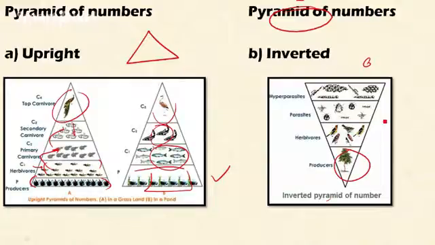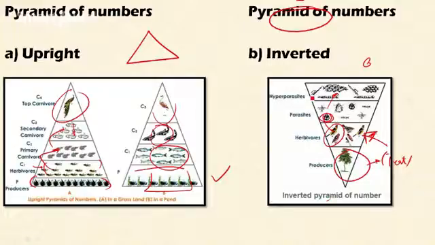For example, a single tree can support a lot of birds, which in turn harbor a lot of parasites, and each bird can harbor 20 to 30, even more than 50 parasites. And each parasite will harbor a number of hyperparasites, which means parasites of parasites. So in the inverted pyramid of numbers, the producers are less in number when compared to the higher trophic levels.